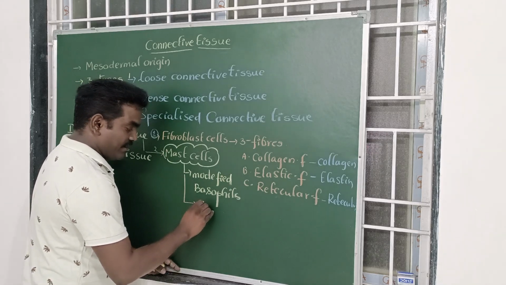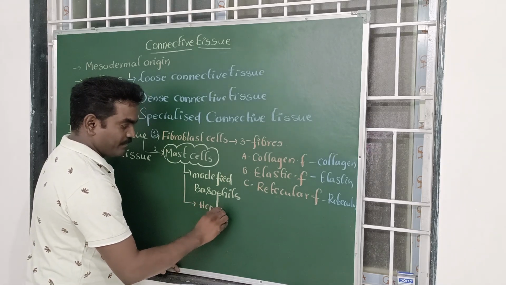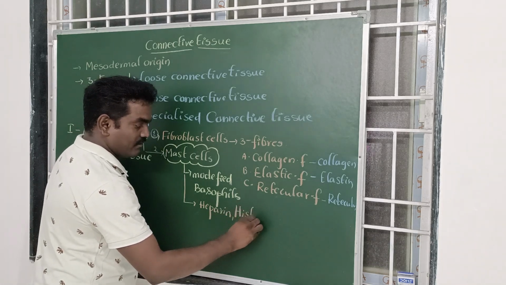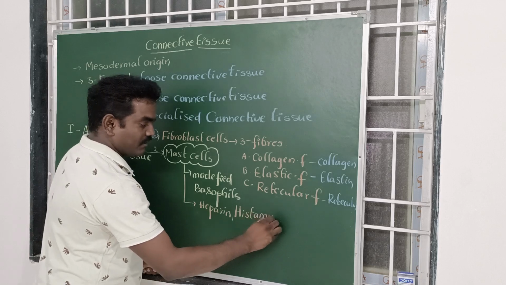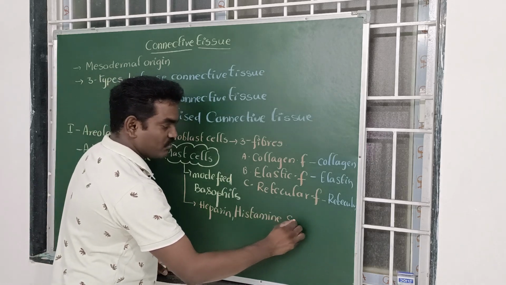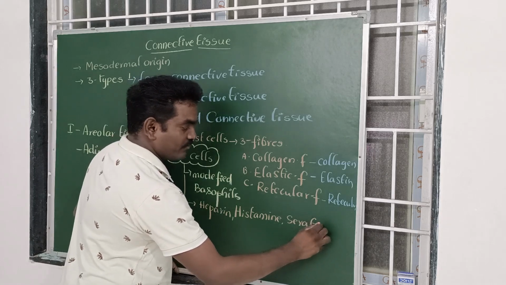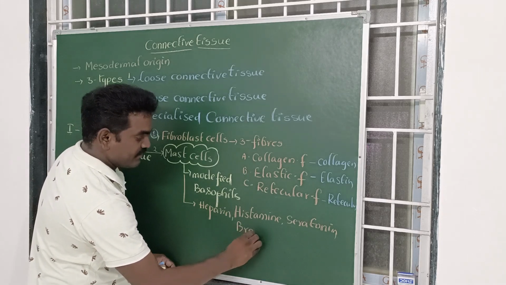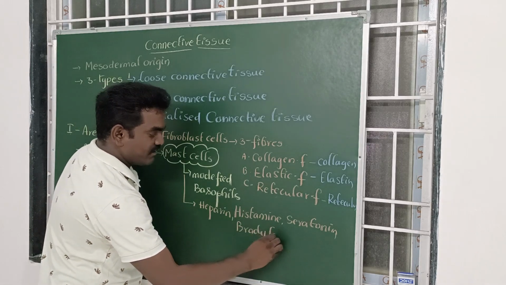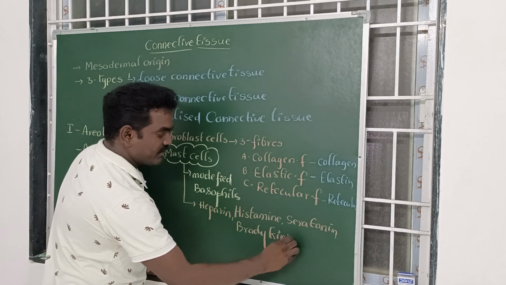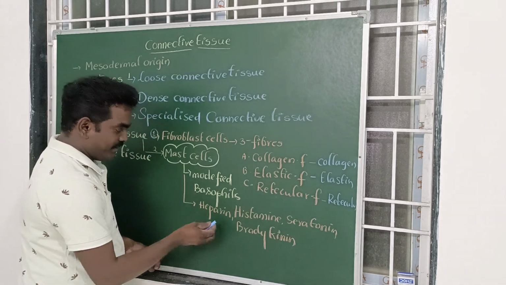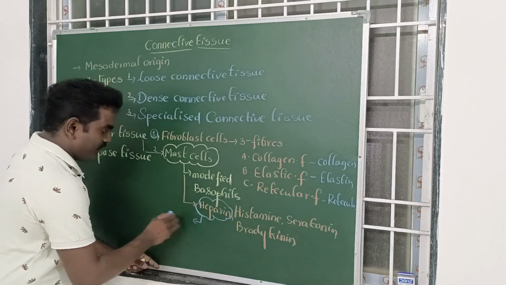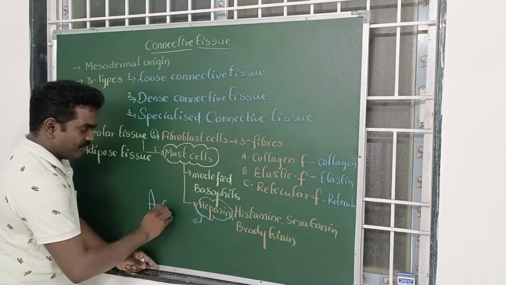This mast cell secretes four types of products: heparin, histamine, serotonin, and one more, bradykinin. These are the four products. You know very well that heparin is an anticoagulant.